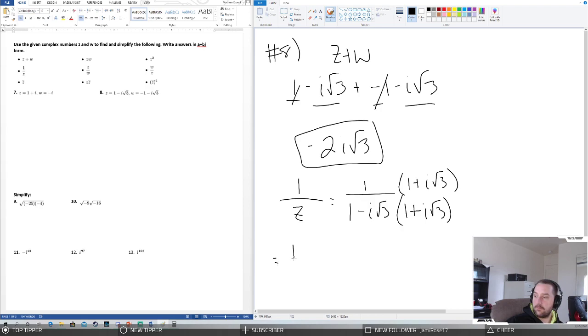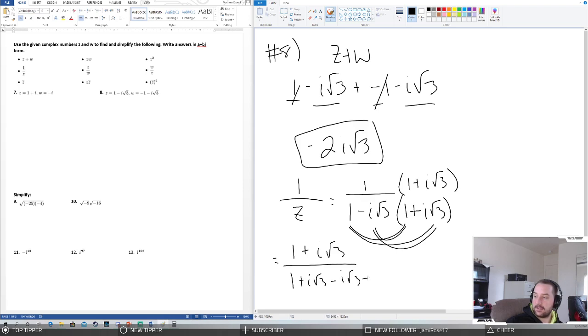So that's going to give me 1 plus i root 3 over, now we multiply that out and distribute, 1 plus i root 3 negative i root 3, and negative, so negative positives and negative.